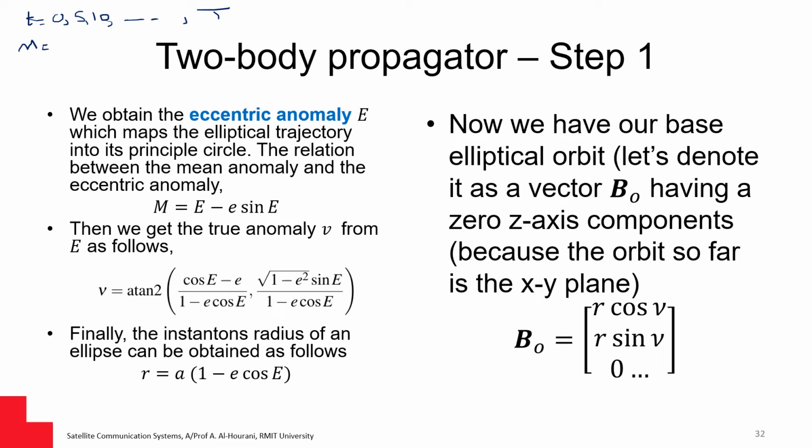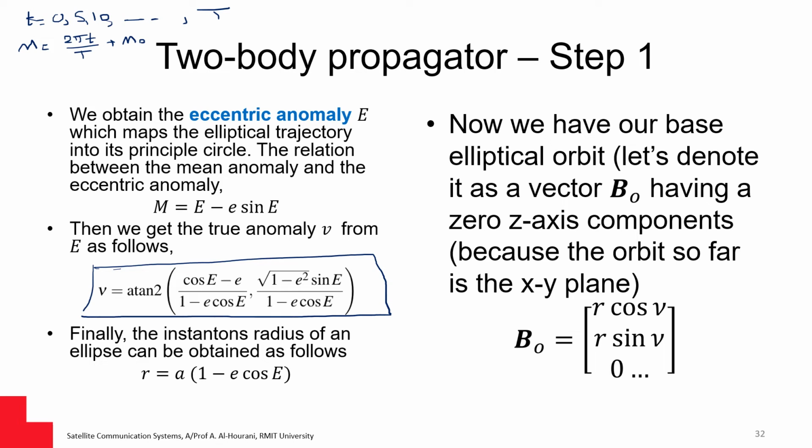We saw the simple equation: 2 pi t over capital T plus the initial mean anomaly. So we know m. This equation will let you calculate what is called the eccentric anomaly, denoted here as E, and based on the eccentric anomaly you can calculate the true anomaly and the radius of the orbit. Remember, these are what we needed for generating an ellipse.